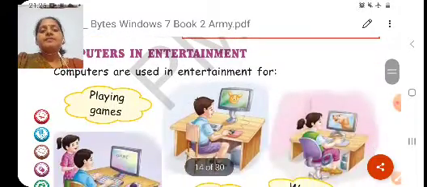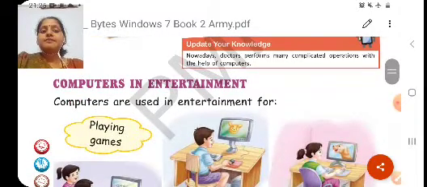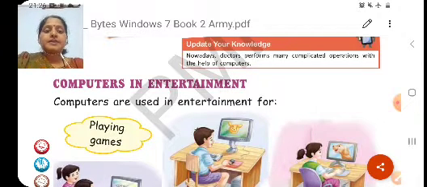So children, next uses entertainment. As you know children, using the computer we can entertain ourselves. For example, we can watch cartoons, we can watch movies, we can play games, or we can draw and color.